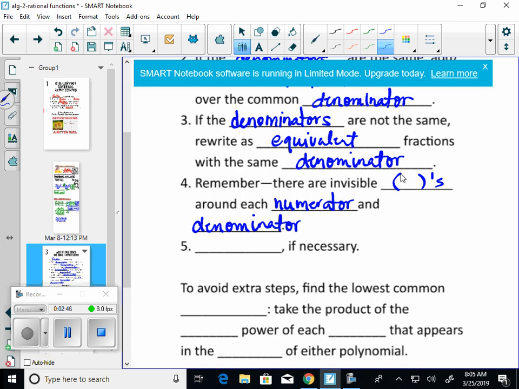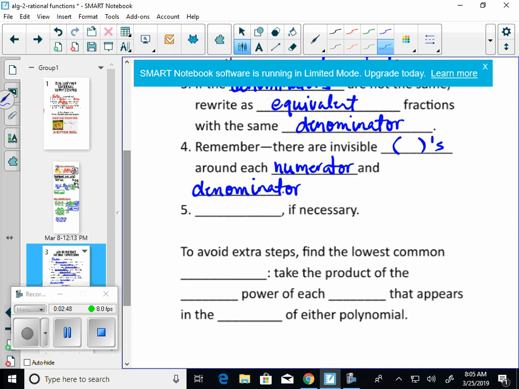That'll help us keep things in order. And then you'll always reduce or simplify. So reduce as necessary. So we're going to take out those terms that are common, top and bottom. So far, so good?